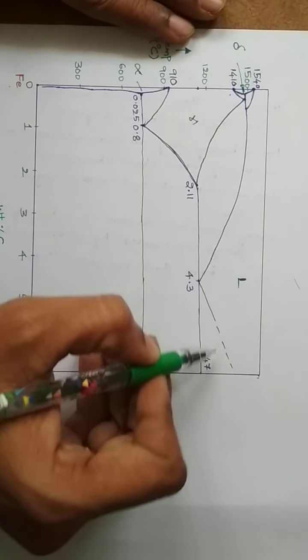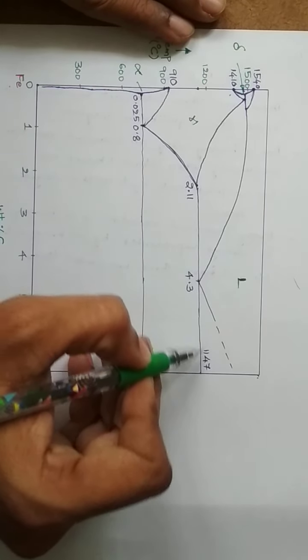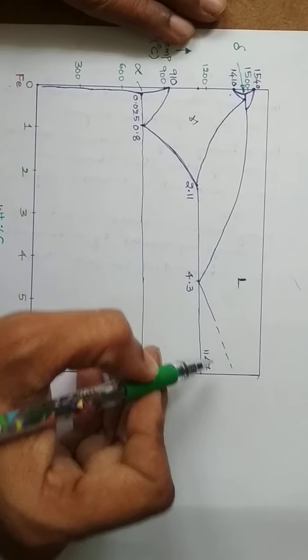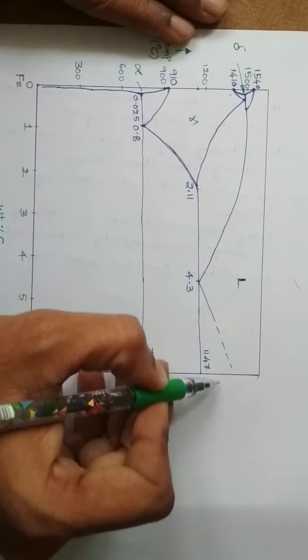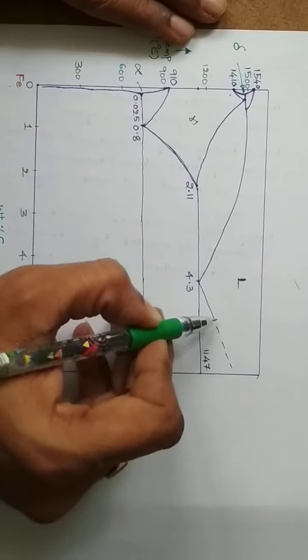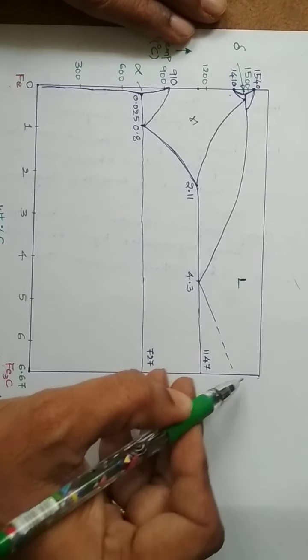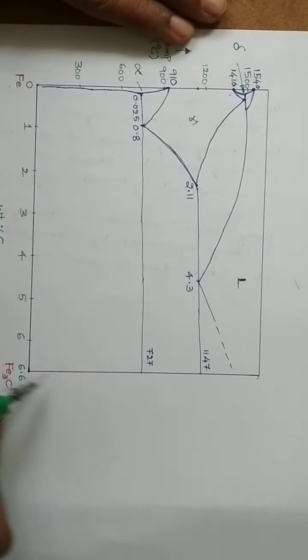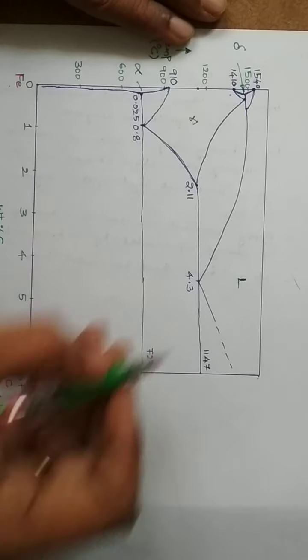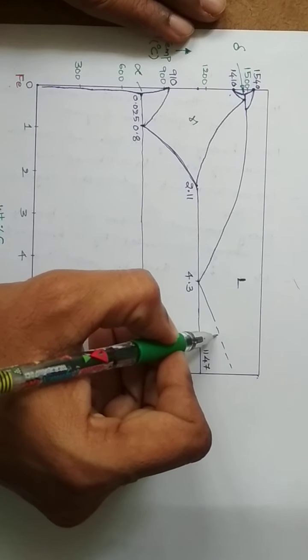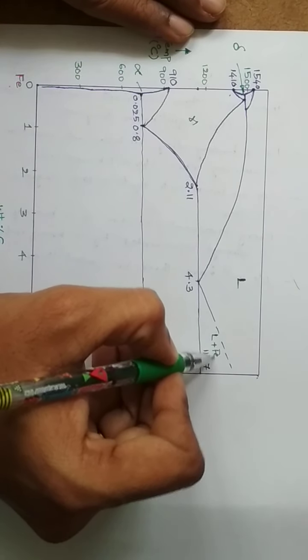For example, in this region, if you draw a horizontal tie line, it intersects the liquidus and Fe3C. So the two phases here will be liquid plus Fe3C.